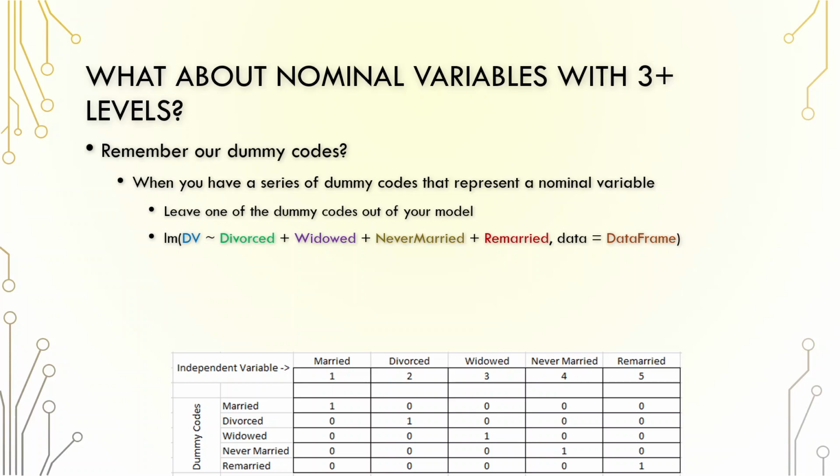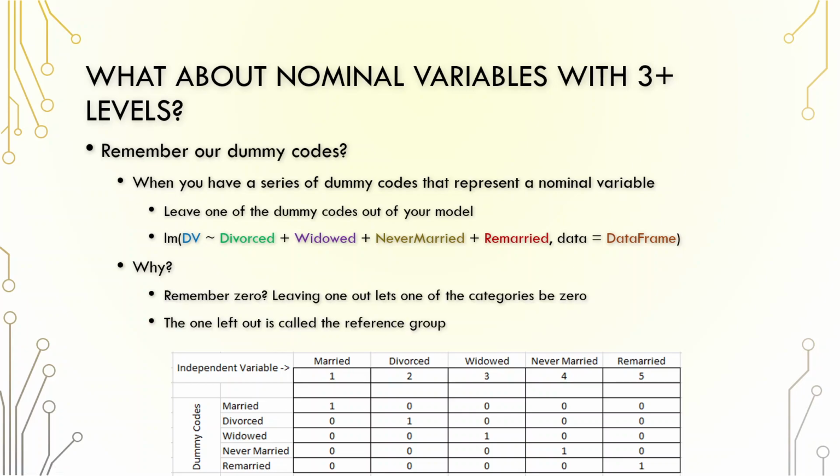Which one you leave out is really driven by what questions you're trying to answer. Statistically, it doesn't matter which one you leave out. So why are we leaving one of them out? Well, it has to do with 0 again, that number 0.